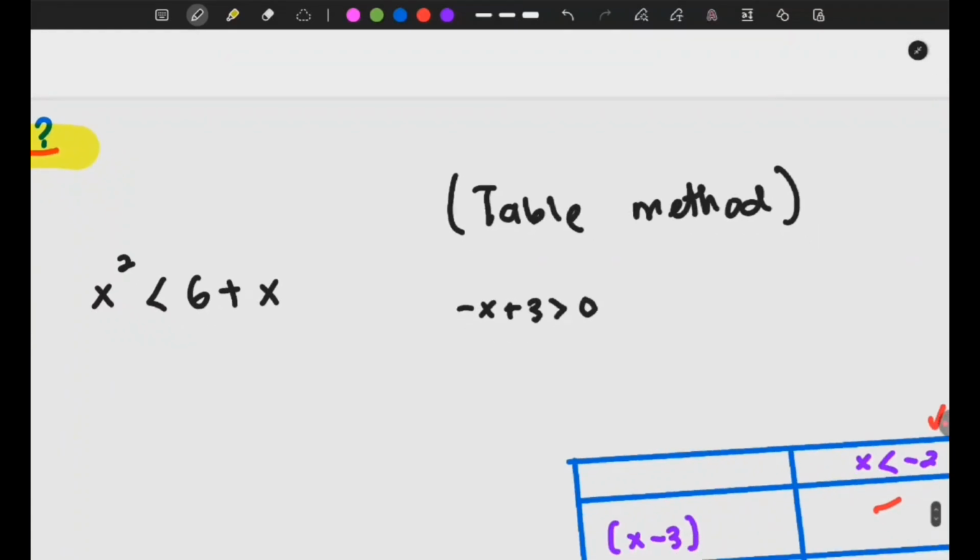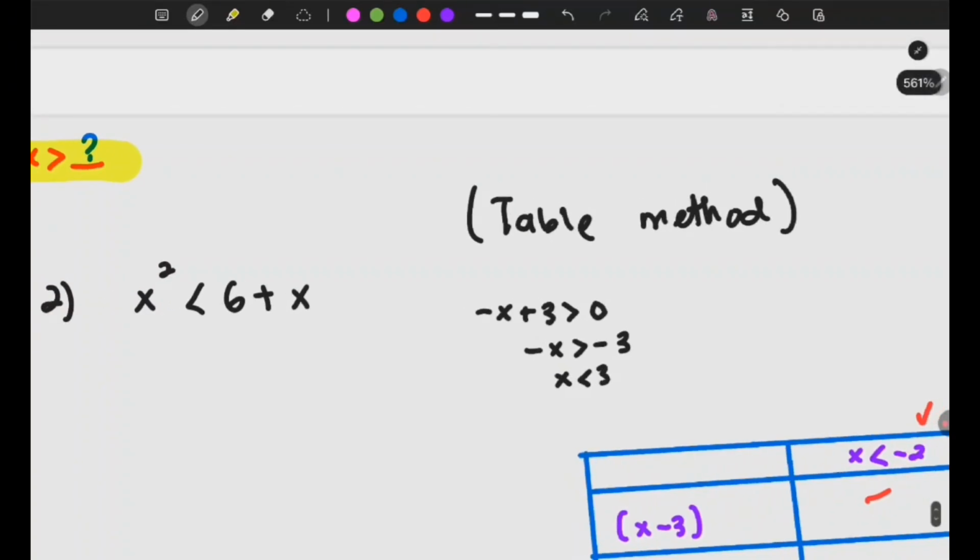You bring the positive 3 to the other side, you get negative 3. Then you remove the negative from the x, and the sign will change, giving positive 3. When you shift the negative from the x to the other side, you reverse the sign, isn't it?